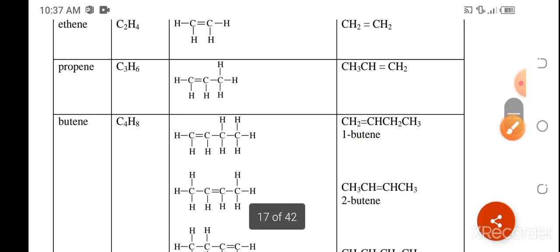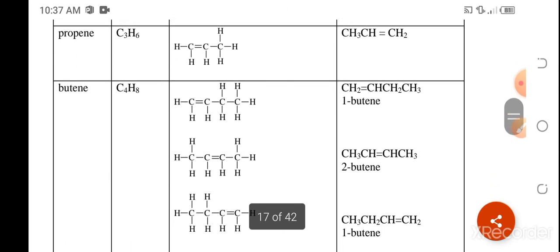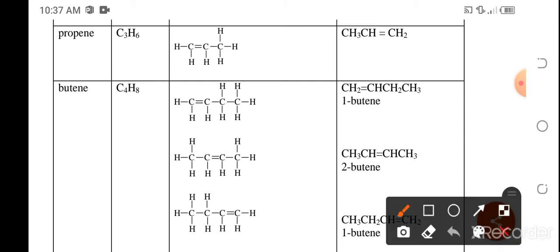Okay, so sabi ko kanina dalawang klase ang butene. The other one is 2-butene. Pag nakalagay na 2, ibig sabihin that is between 2 and 3. So this is the second and third carbon atom of the butene, into which you can find the carbon-carbon double bond.